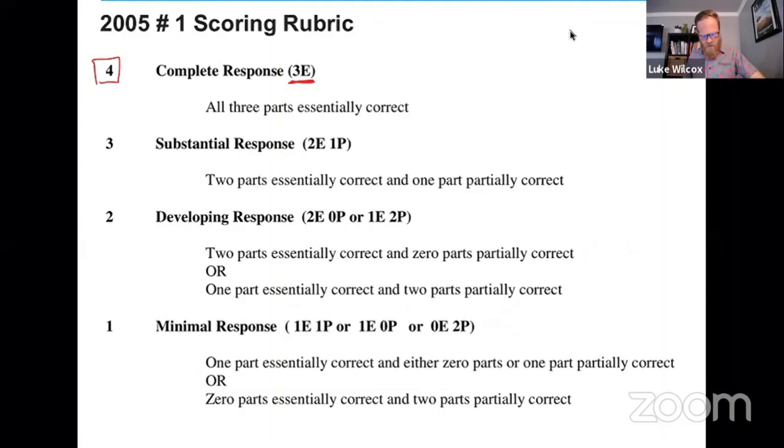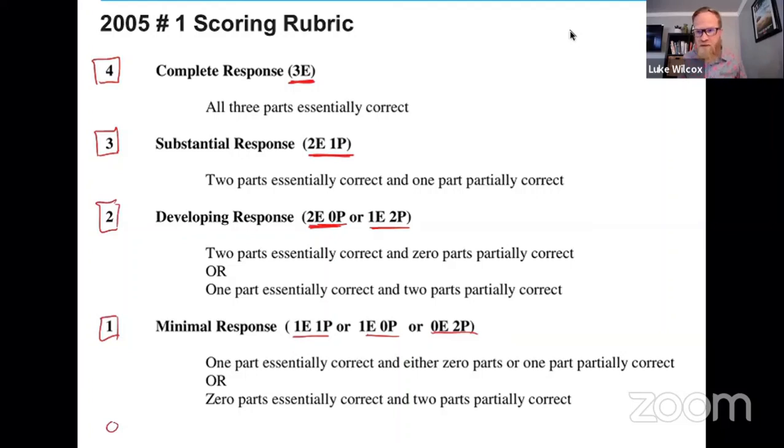If you had 2 E's and 1 P, that drops you down to a 3. There are several different ways that you could end up with a 2 out of 4, 2 E's and no P's, or 1 E and 2 P's. And then also several ways that you could end up with a 1. And if you don't see your E's and P's on there, there is the possibility of getting 0. That is also a possible score.